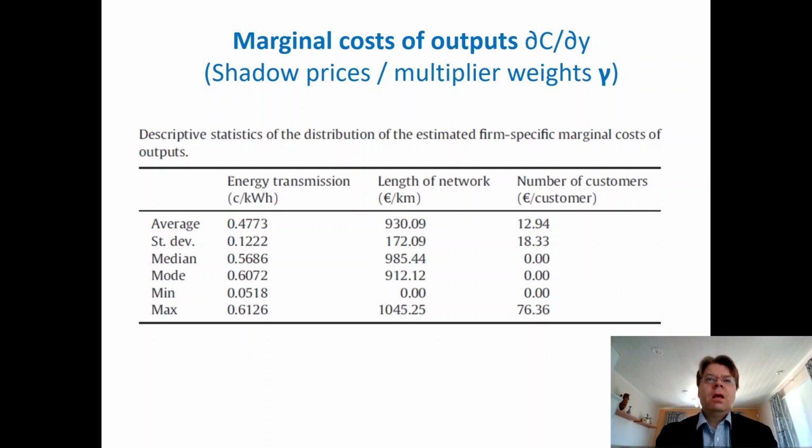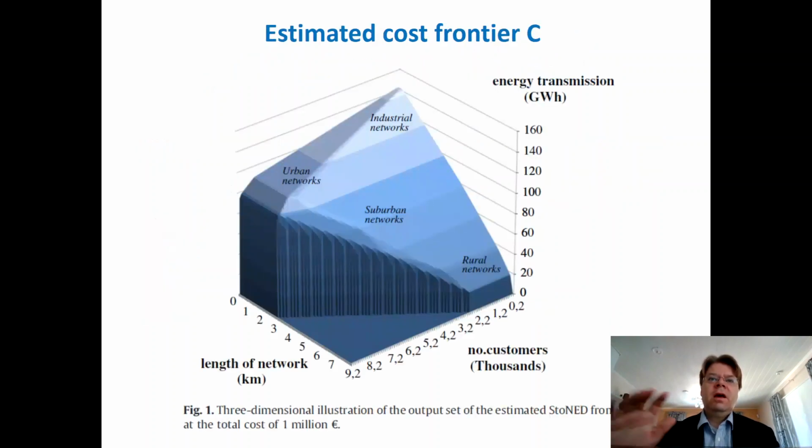Of course, these shadow prices characterize the cost frontier, and we have three output variables, so we can also graphically illustrate how the cost frontier looks. On this slide, I have done that. Here we have three dimensions representing these three output variables.